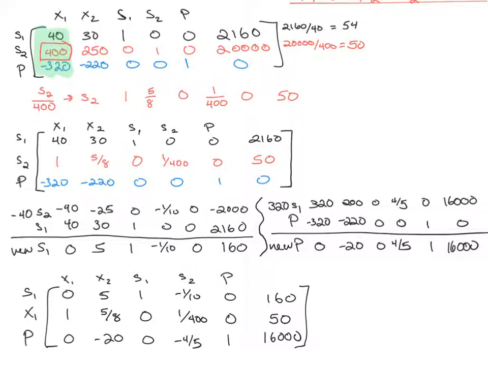How do we get to that point? Well, first there needs to be a 1 here. You can divide this row by 400, which gives you this row here. Then you can replace S2 here with this row. And from there you get zeros above and below by following these steps, and you'll end up with this matrix.